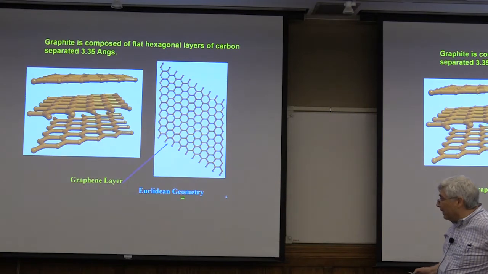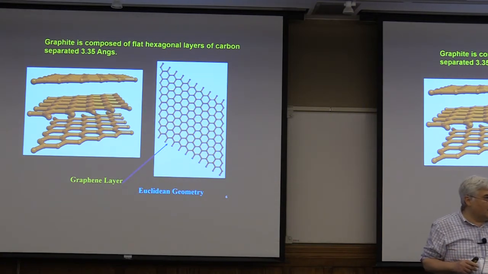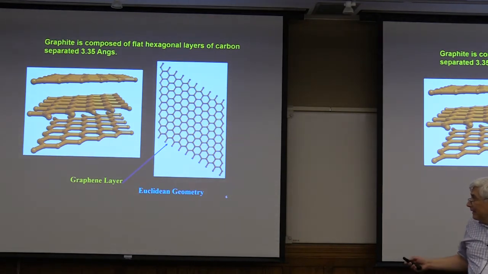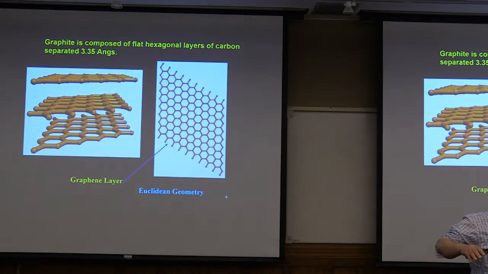I'm putting Euclidean geometry here because I will come back to geometric properties. If we look at a graphene sheet as a flat sheet, then all the properties of the geometry that we have are Euclidean, belong to Euclidean geometry.